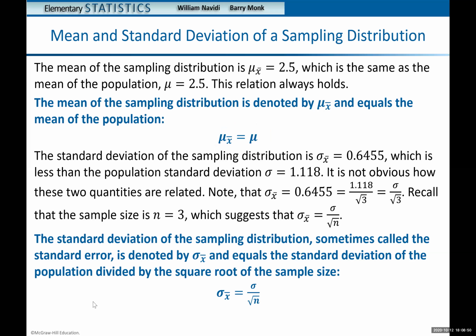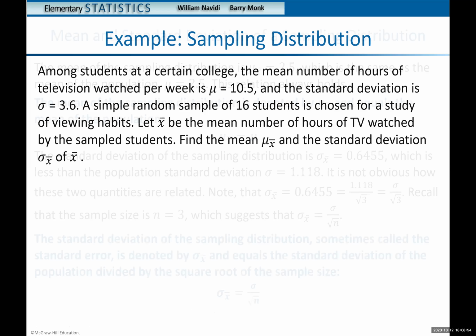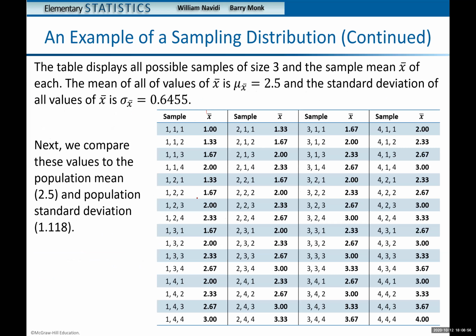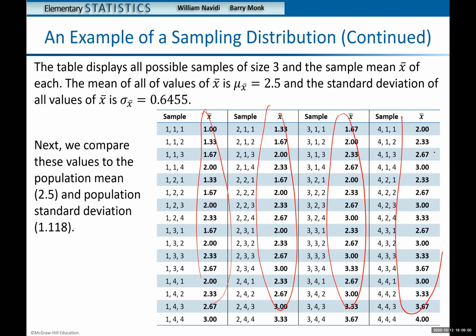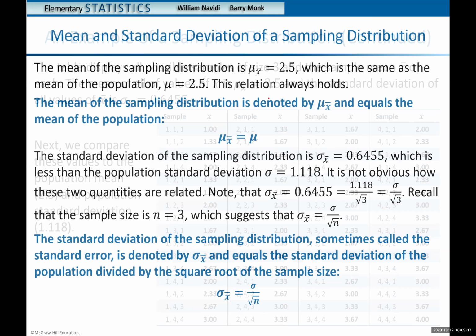If you go back here, these are all the means. If you compute the mean of all these numbers, it's going to be exactly equal to 2.5. Whatever the population mean is, the mean of all the means is equal to that. So that's why we have this formula.